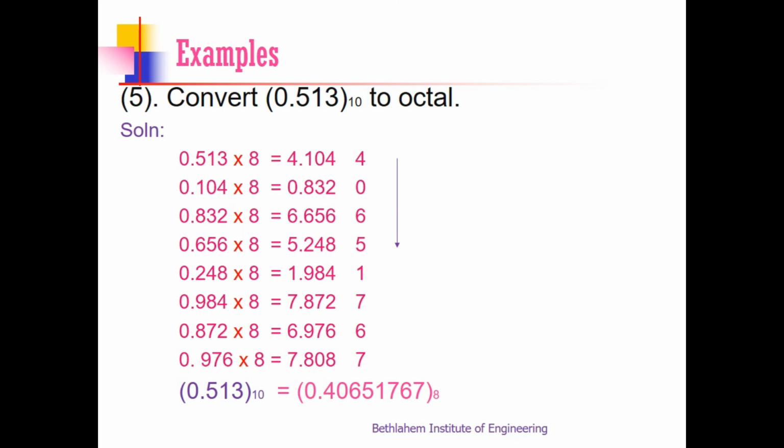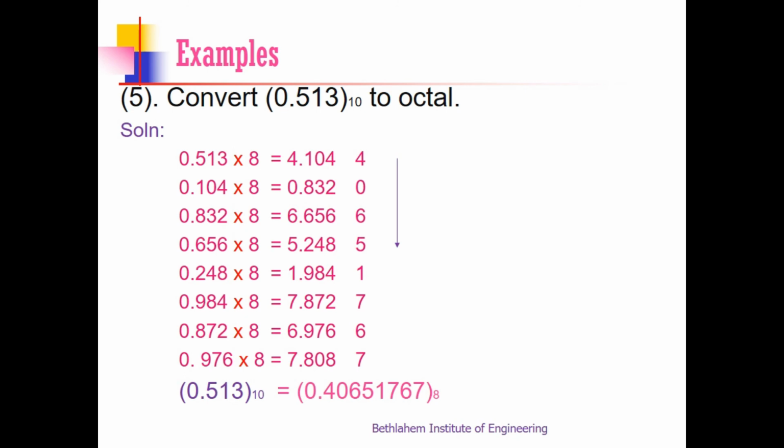Since we are asked to convert to octal, we have to use 8, that is the base of the octal number, to multiply the given decimal number. Here the given decimal number is 0.513. So we have to multiply 0.513 by 8. 8 is the base of the octal number. So we have to multiply by the base of the number system to which it is to be converted.